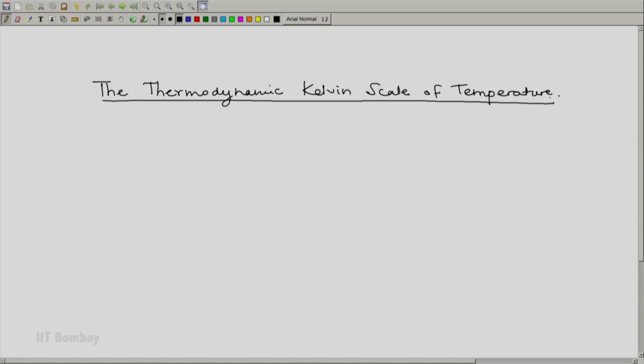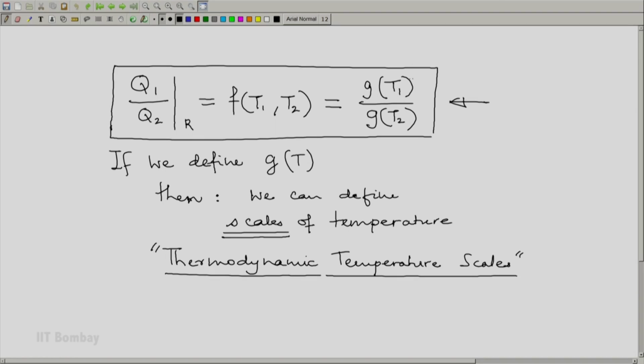A while ago, we noticed that if we use this relation for defining scales of temperature using, of course, a reversible two-temperature engine or even refrigerator, then we will get a scale of temperature which is a thermodynamic temperature scale. There is a certain amount of arbitrariness in this because this function g of temperature is yet to be defined.